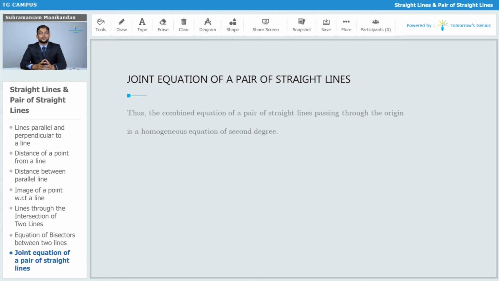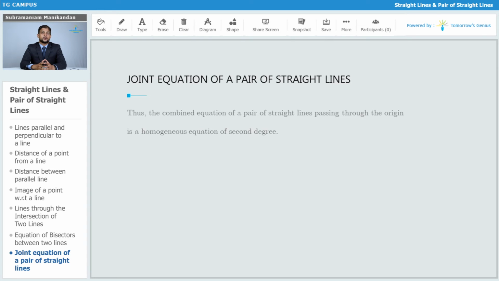We thus see that whether it is any two general straight lines whose equations are of the form a1x plus b1y plus c1 is equal to 0 and a2x plus b2y plus c2 is equal to 0, or a couple of lines which are passing through the origin, their combined equations will be of the form of the general equation of a conic.